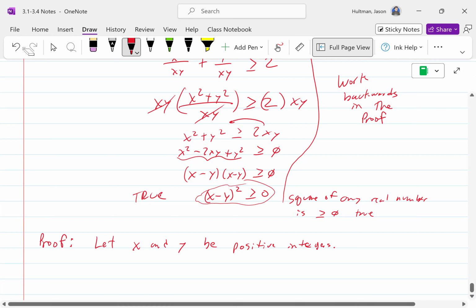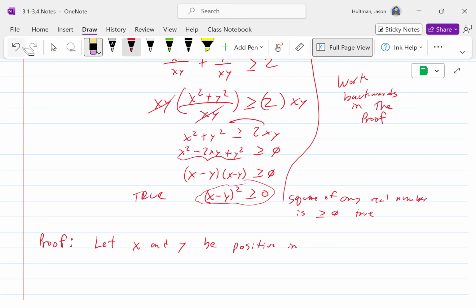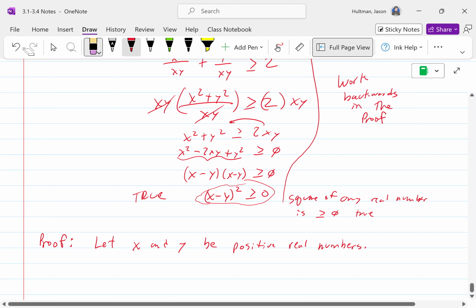It doesn't have to work with integers. In other terms, x is greater than 0 and y is greater than 0.